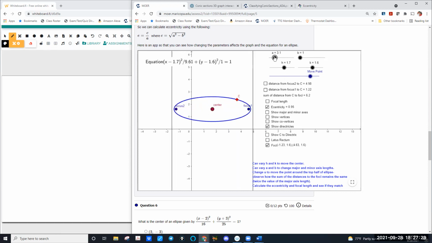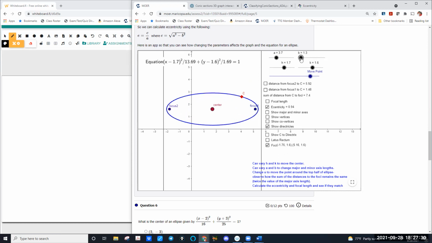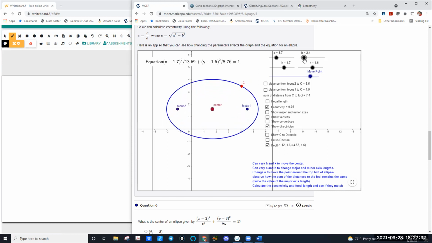Like we saw in that app, the longer it gets, the higher the eccentricity gets. What happens if we start to round it out again? Eccentricity goes back down. You lose those sharp edges. So the eccentricity basically tells us how sharp those turns are on our ellipse or on our hyperbola. You can play around with this, have it show the latus rectum and the vertices, to get a feel for how these things relate to the graphs.